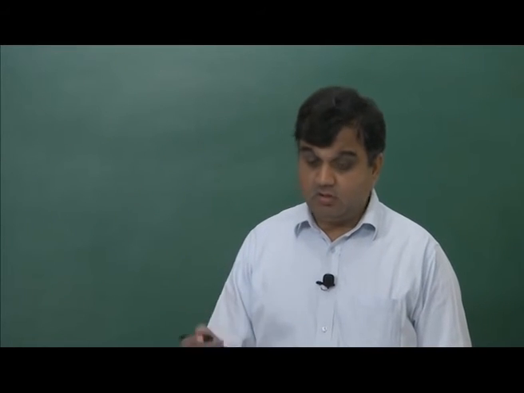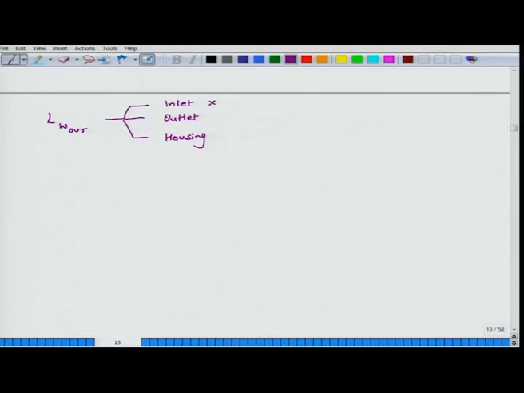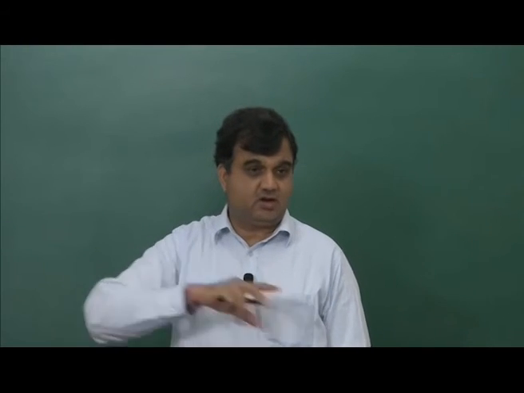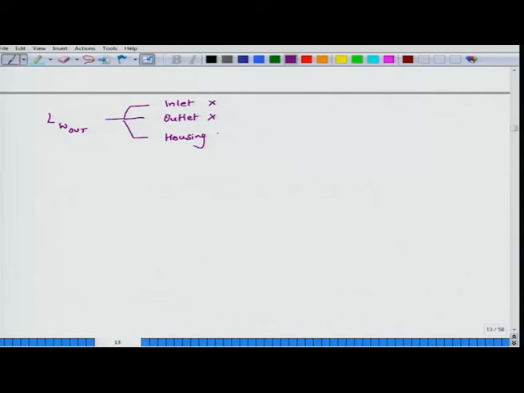Now in our problem, inlet and outlet are irrelevant, because we said that they are connected to the pipe. So no noise is coming from the inlet or outlet. The only noise which is coming is through the housing. Okay. So we will compute LW out for housing.